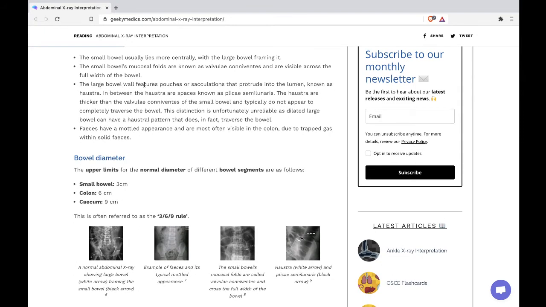The large bowel wall features pouches or sacculations that protrude into the lumen, known as haustra, but in contrast to the valvulae conniventes, in the large bowel they don't go all the way across.